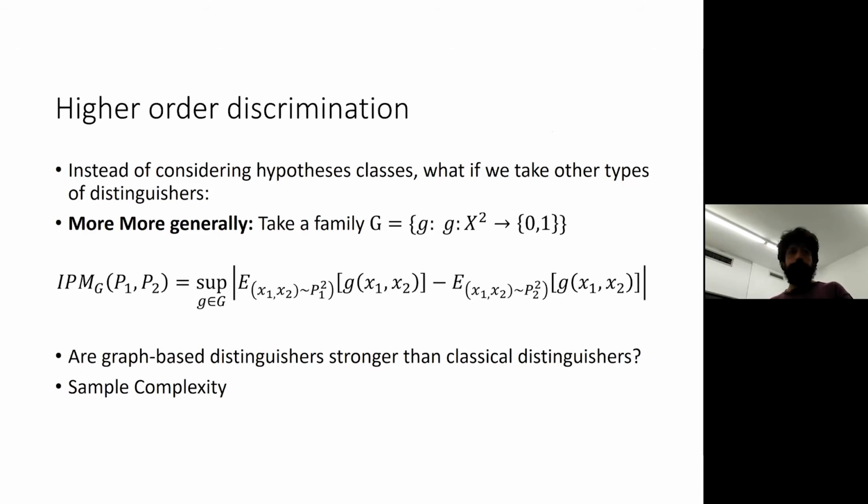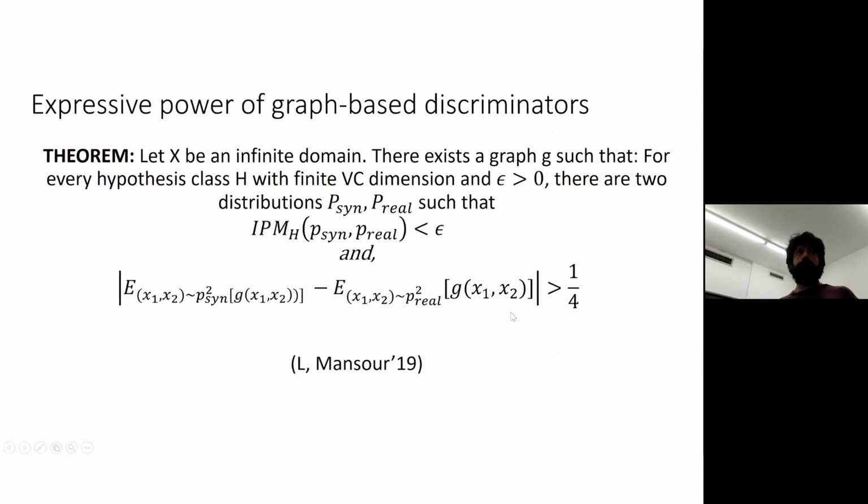Okay, so I'm continuing. In terms of the expressive power, the first theorem is that if you take an infinite domain, then you can construct a single graph such that for every hypothesis class H that has finite VC dimension, which is necessary if you want to learn with it, there are going to be two distributions that the hypothesis class cannot distinguish between.